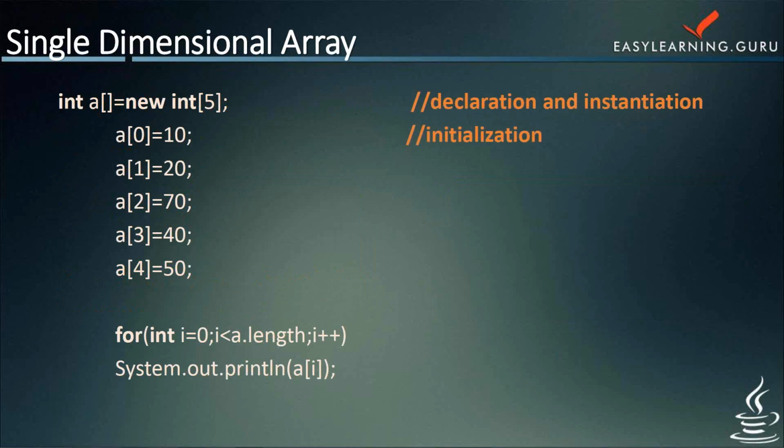This is a declaration and instantiation done in one single line. Now initialization is being done, with indexing from 0 to 4. So there will be 5 values from 0 to 4, and then it goes from 0 to i less than a.length, and it will print out the result. Okay, so I hope that will be fine.